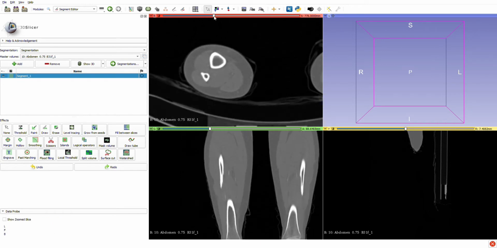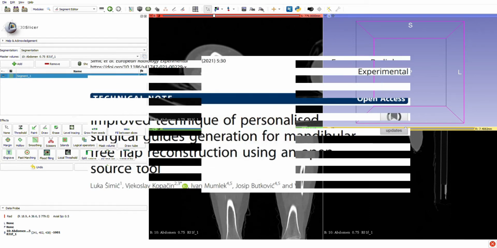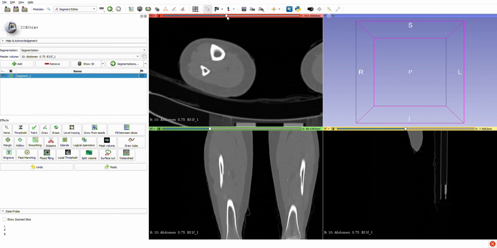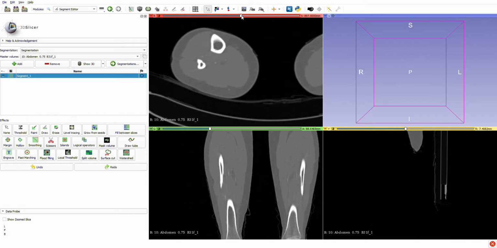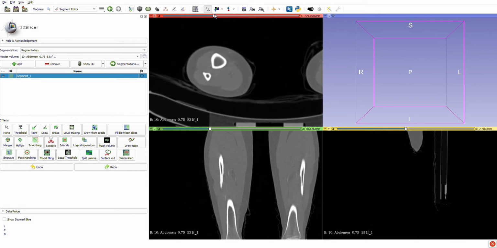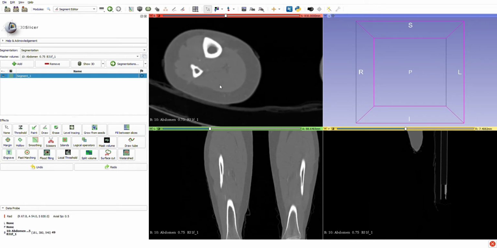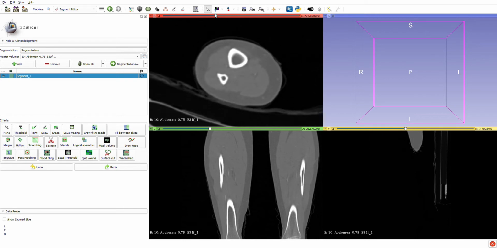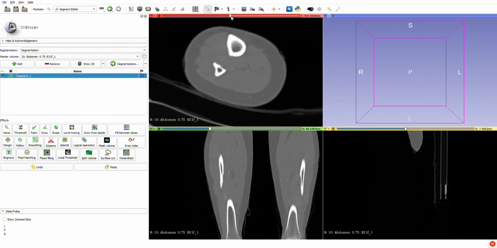But in the description, you will find a link to our published paper, where we describe the proper technique for CT angio of both lower limbs, where we found that the scanning parameters showed good delineation of the peroneal artery, and what is most important, its perforating branches, that unfortunately in this case are not showing so well.